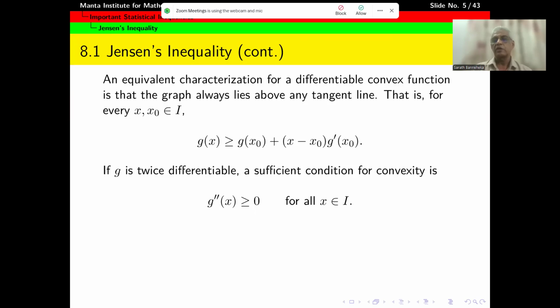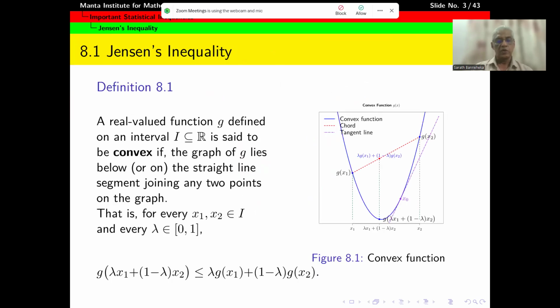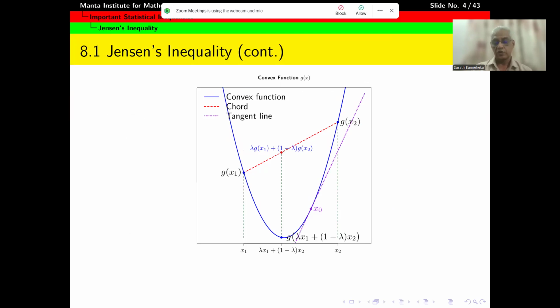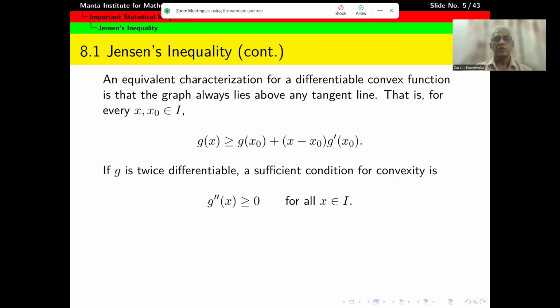So those are different ways of defining a convex function, right? The original definition is this one. But if the function is differentiable once, then you can use this characterization. If it is differentiable twice, you can also use this idea to define a convex function, right?